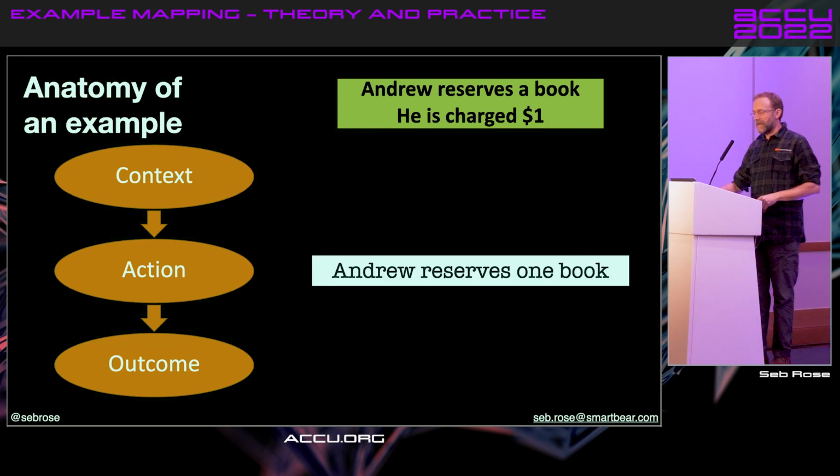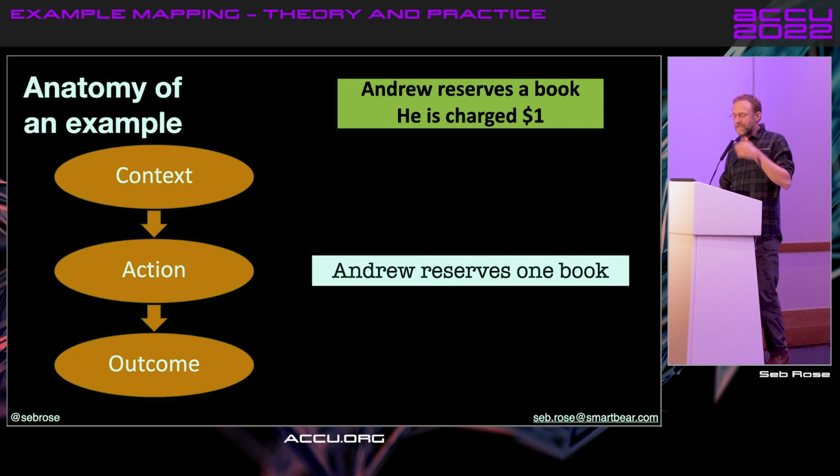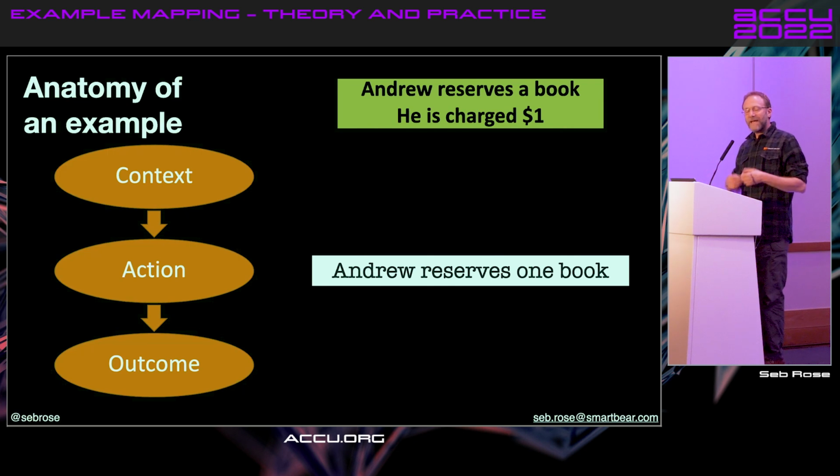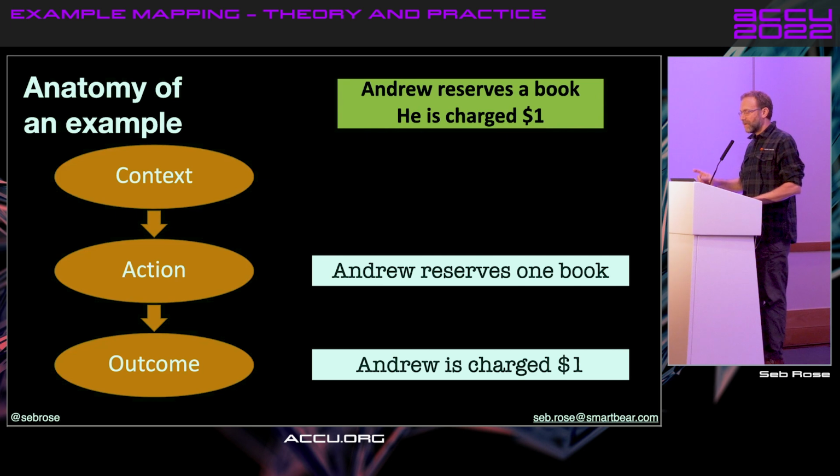In this particular example, the example that we wrote down on the card is Andrew reserves a book, he is charged $1. In that situation, the action is that Andrew is reserving a book. What's the outcome? He gets charged $1.